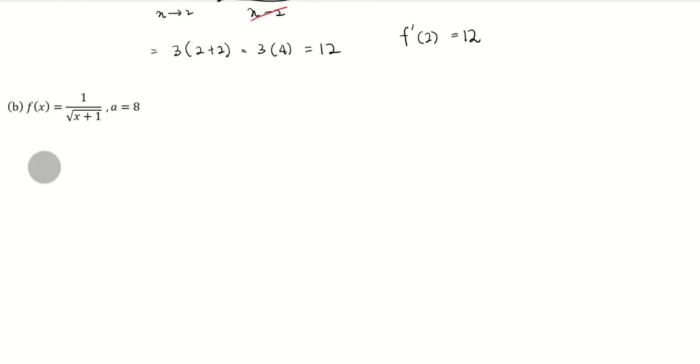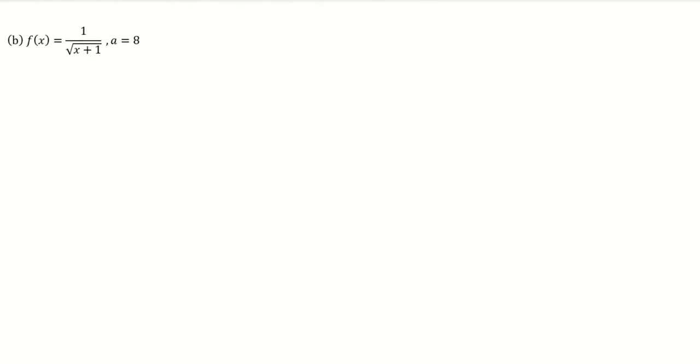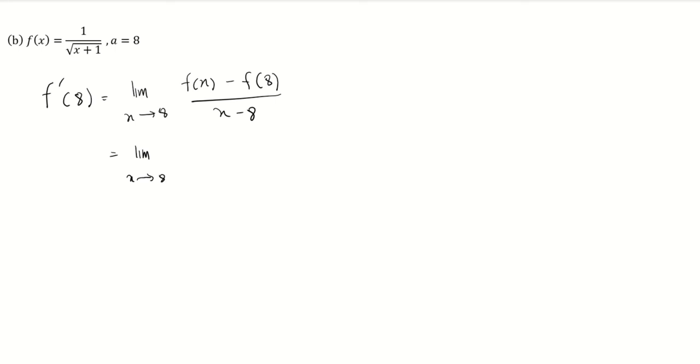Okay, so next example is for this function. We want to find the derivative at point x equals 8. So f prime 8 equals the limit of x approaches 8 of f(x) minus f(8) over x minus 8. So f(x) is 1 over square root of x plus 1, minus f(8), which is 1 over square root of 8 plus 1, over x minus 8.